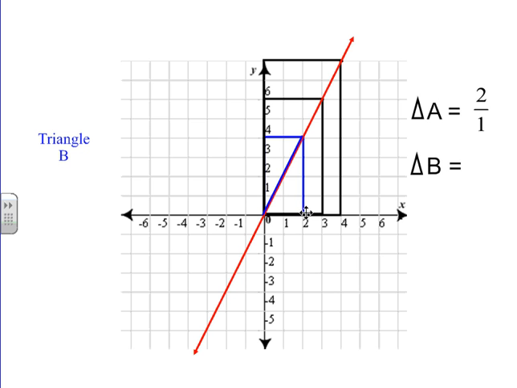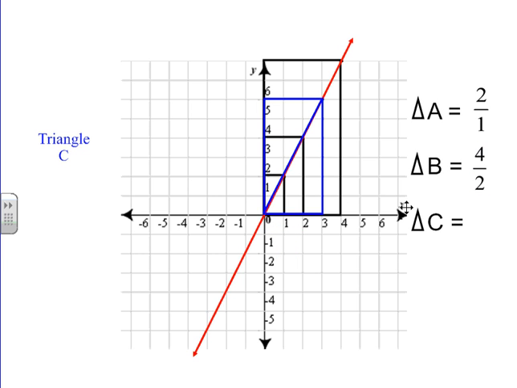In triangle B, we measure how wide this is, and this is 2 wide and 4 high. Being 2 wide and 4 high, we're going to say that this is 4 divided by 2. Again, rise over run, the change in y from this point to this point versus the change in the x.